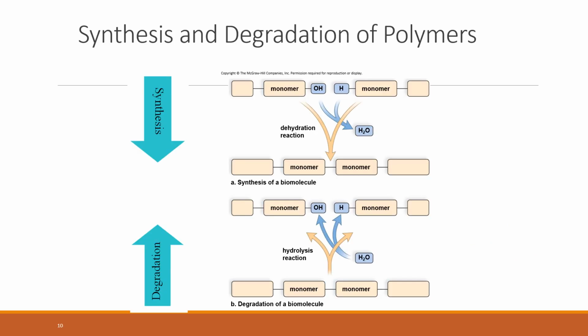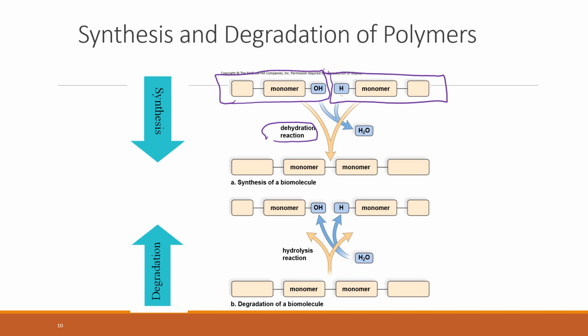So this is just another example, a little drawn better than what I drew for you. So say this is one monomer, and this is another monomer, and we wanted to join them together to start making our polymer. So dehydration synthesis, as you can kind of get from the name, dehydration is removal of water.